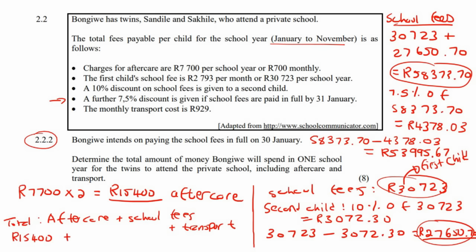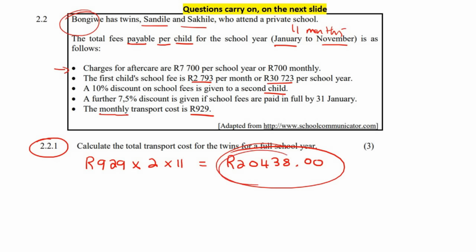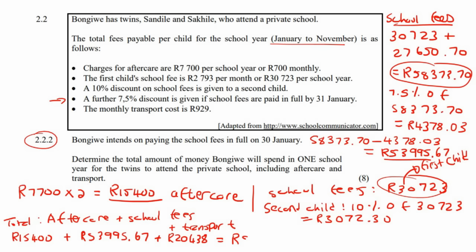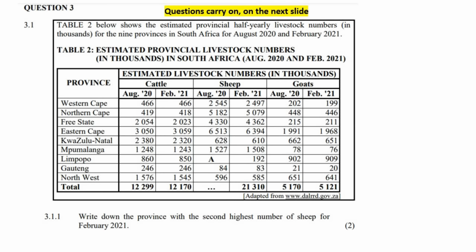The school fees we've worked out now as 53,995.67, and then the transport costs is 20,438. And if you work out all of that, you end up with 89,833 Rand and 67 cents.